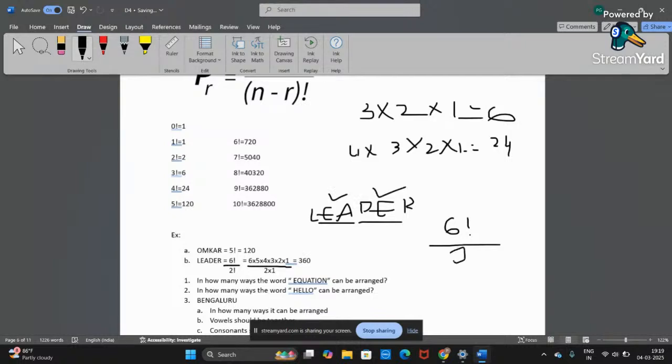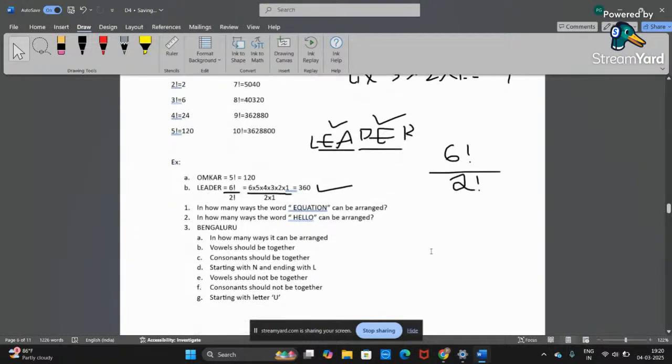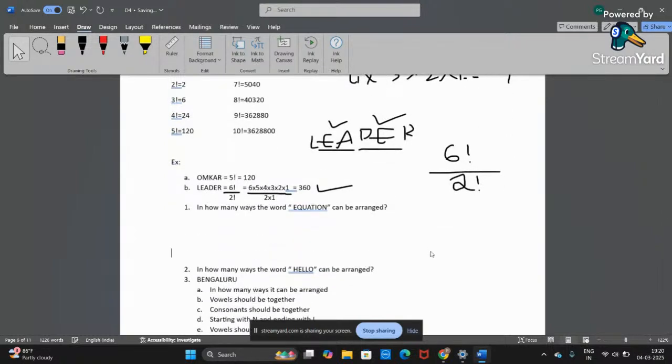So that 2 times we'll write it as 2 factorial. Then we have to write the 6 factorial as 6 into 5 into 4 into 3 into 2 into 1, and 2 factorial as 2 into 1. After calculating, we get 360. Now let's solve the problem on permutation.